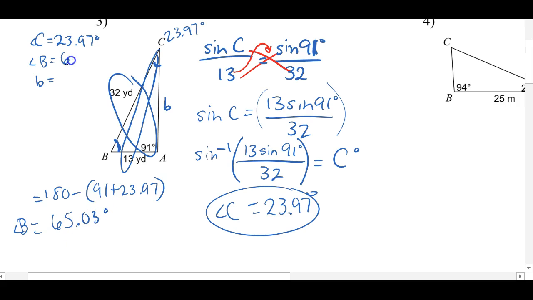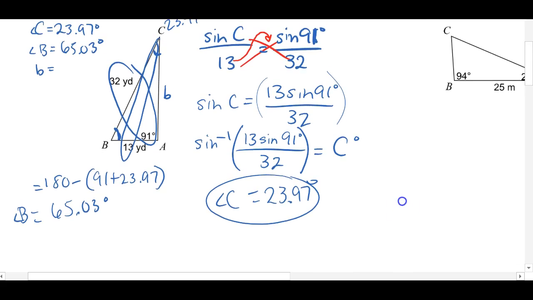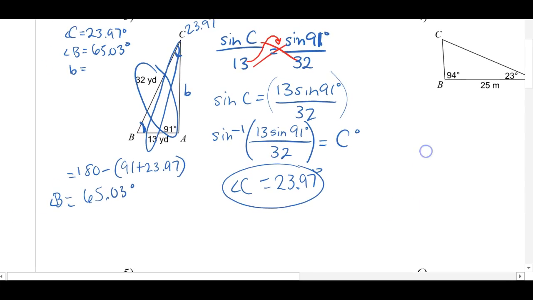65.03 degrees. Now we just need to find side B. And this is where we can just use, again, sine. So law of sines. We're looking for angle B, and the opposite angle is 65.03, so sine of 65.03.